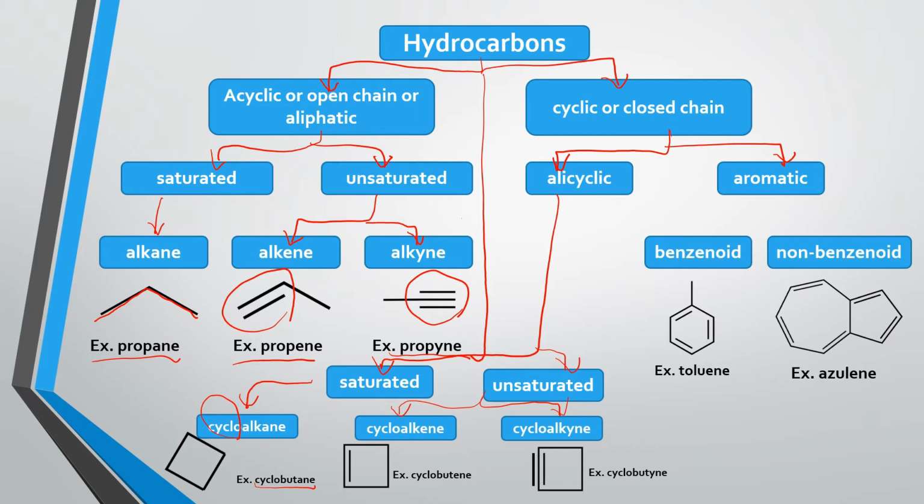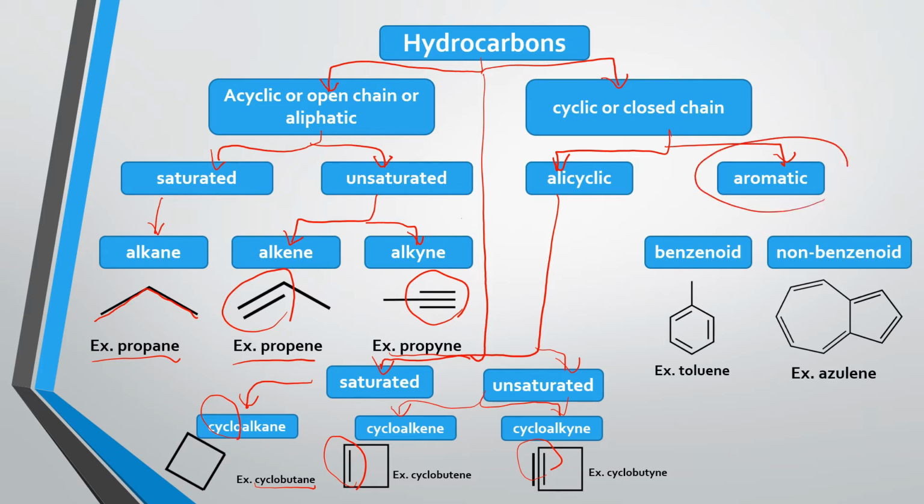Ano naman ang cycloalkene? Tama. Pag cycloalkene, closed chain siya, tapos meron double bond between two carbon atoms. So cycloalkyne naman, closed chain siya, tapos merong triple bond between carbon atoms. Yon. That is alicyclic subgroup.